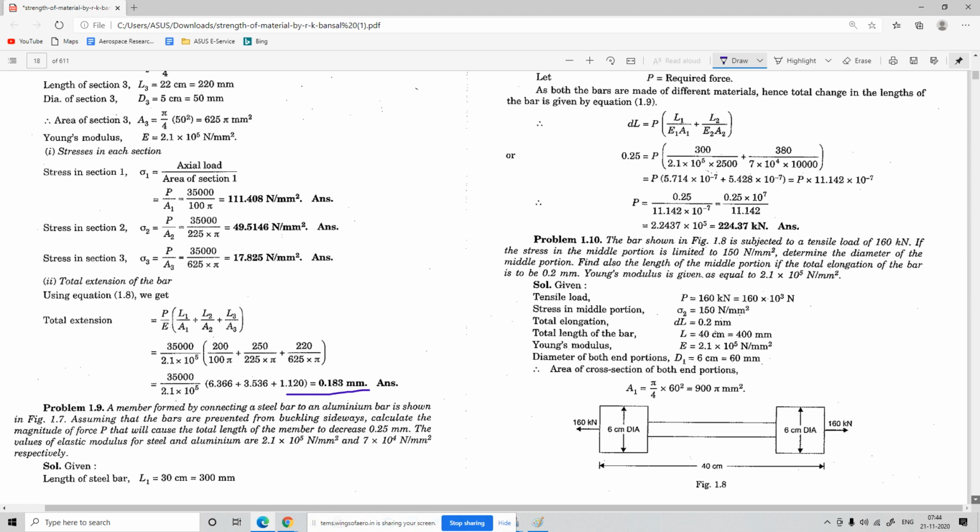Have you got these values? Just check it. Sigma 1, sigma 2 and sigma 3. Okay, just let me know. You can unmute and tell me.